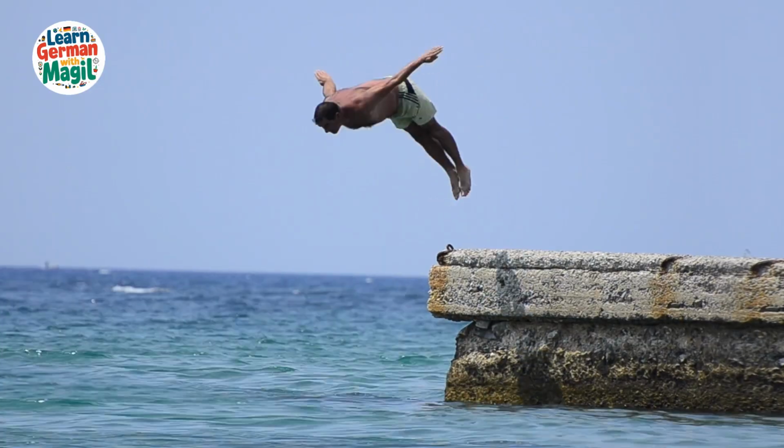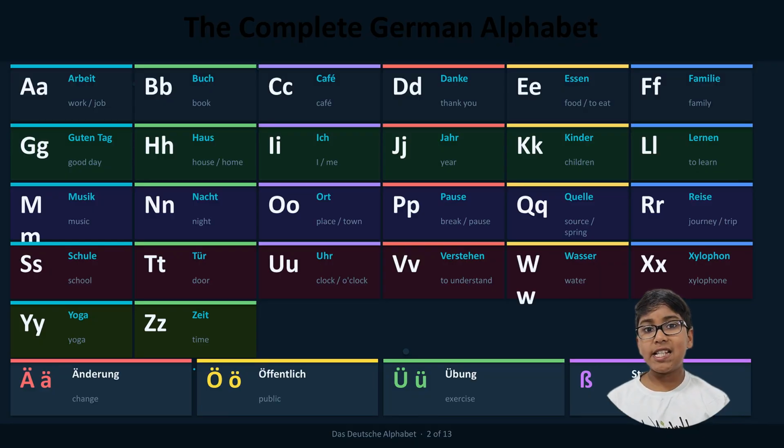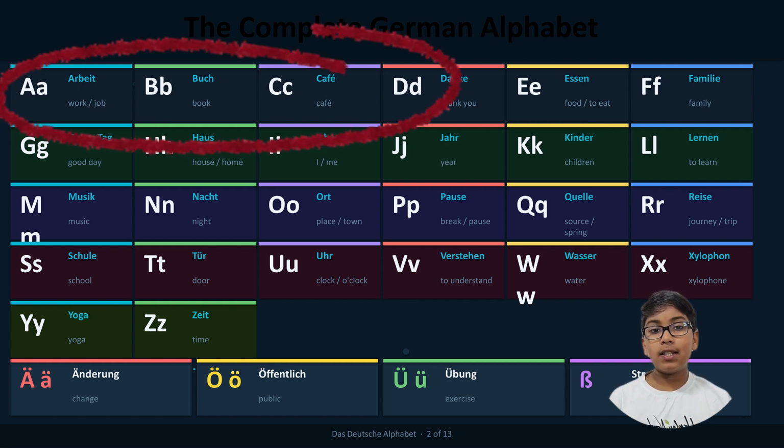Let us dive in. Look at this slide. This is the entire German alphabet all in one place. 26 letters just like English, plus the 4 special ones you can see in color: Ä, Ö, Ü and the sharp S. Now I want you to do something fun right now. Look at the letters and spot any you already recognize from English. Most of them look exactly the same.